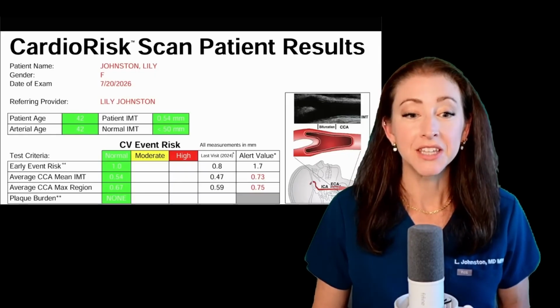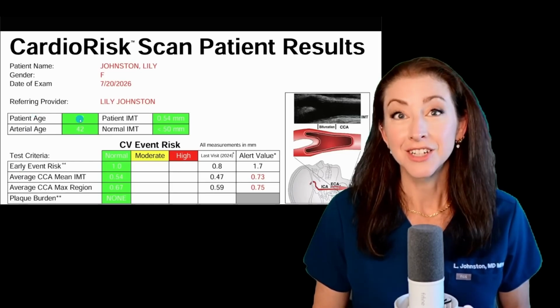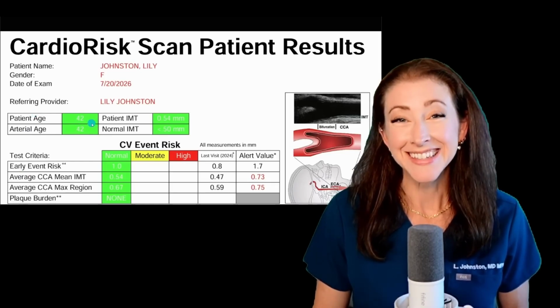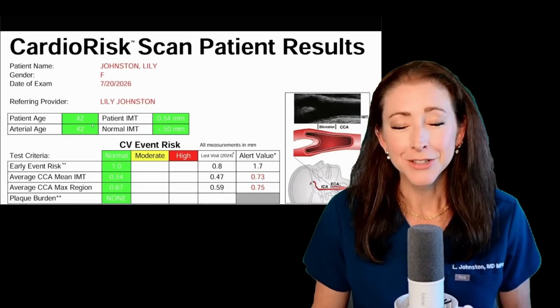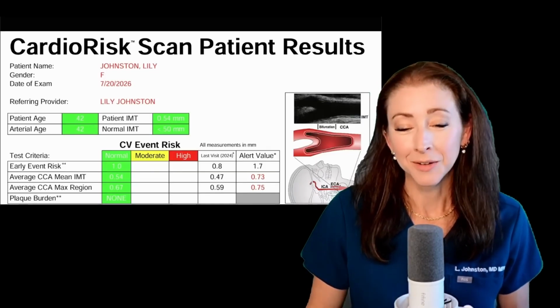I promised you guys I would give you my CIMT results, and here they are. Honestly, I'm pretty disappointed. The very first thing you see at the top is this box that says patient age and arterial age. This is really where we focus our attention, and this is why even though that's green and it looks like it's okay, I'll tell you why I'm disappointed.